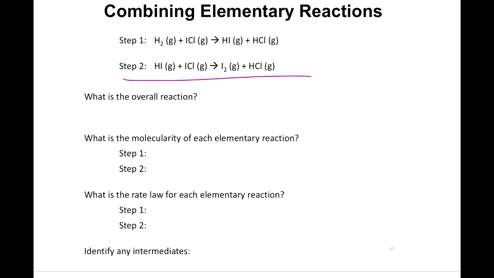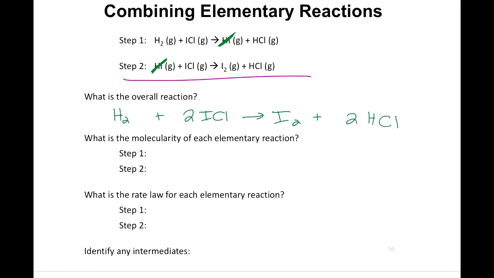Look at the product side and the reactant side of the other equation and see if we can cancel anything. HI cancels, yep. Anything else cancel? No, that's it. So now we just add stuff up. We have an H2 combining with 2 ICl to give I2 and then 2 HCl. Cool.